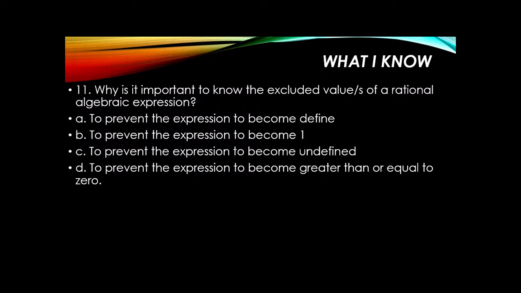Okay, the correct answer is letter C, to prevent the expression from becoming undefined. Kasi kapag yung excluded value of a rational algebraic expression ay equal to 0, ma-undefined gid na siya. So to prevent undefined, kinahanglan nga dili gid siya ma-0.